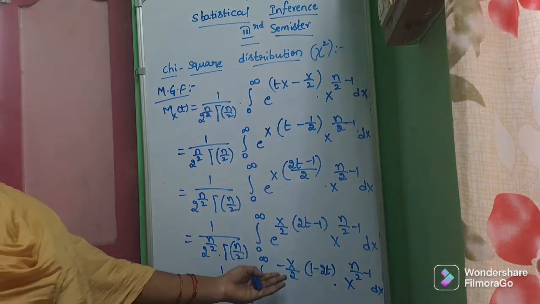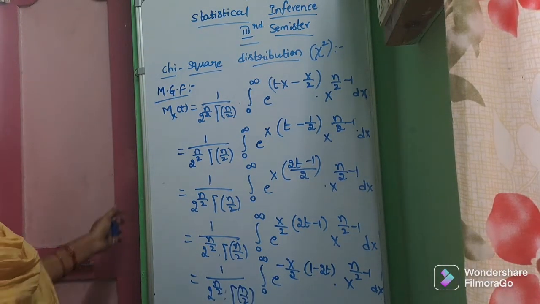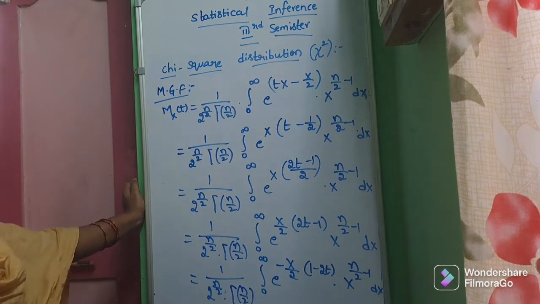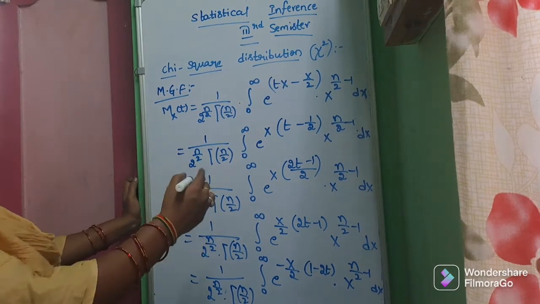Here we have e power minus x into x power lambda minus 1. We had one formula, and I am substituting that formula here.